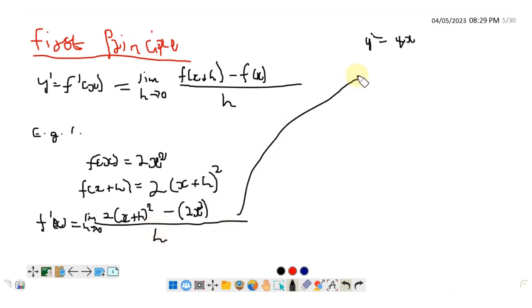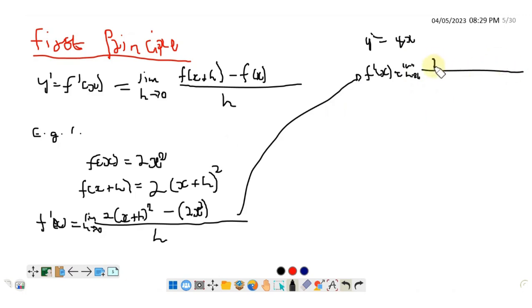Okay, so let me move this side. So now I'm just going to expand that. You have x plus h squared, you can expand it, you can do two factors, and then multiply everything. You do that the best way you know how to do it. Limit h approaches 0, so I expand that.